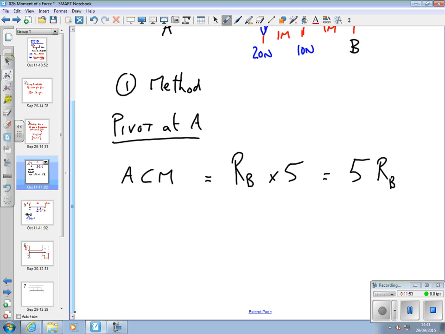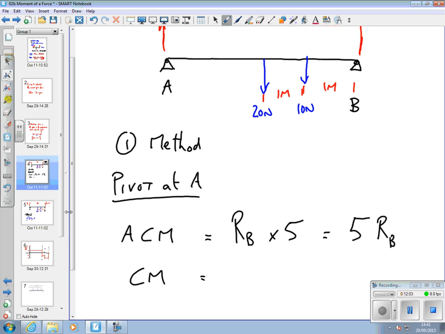And then I find the clockwise moments. What are the moments trying to pull it round clockwise? And there's two of them. There's the moment due to this force, which is 20 newtons times that distance, and 10 newtons times that distance.